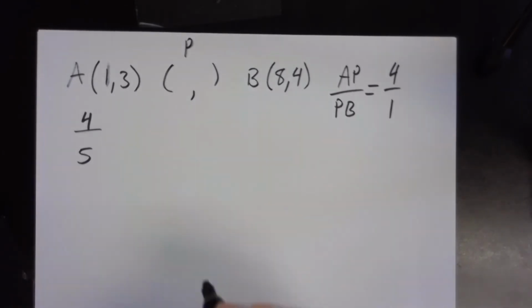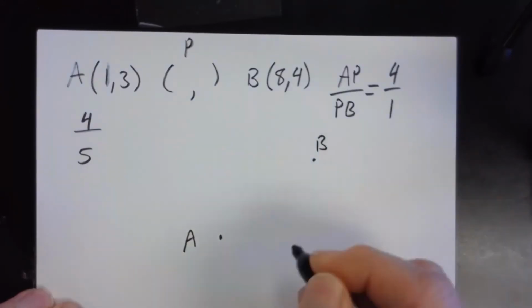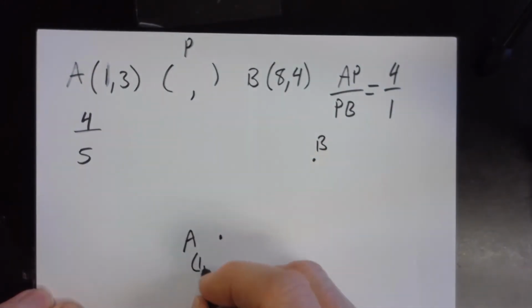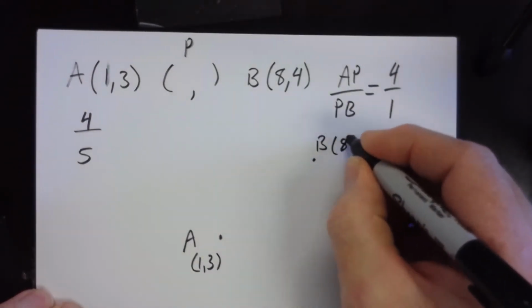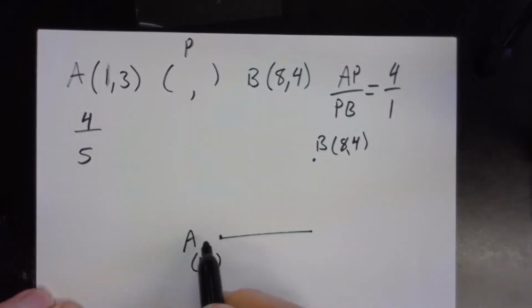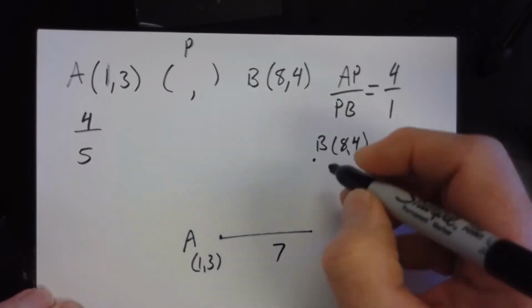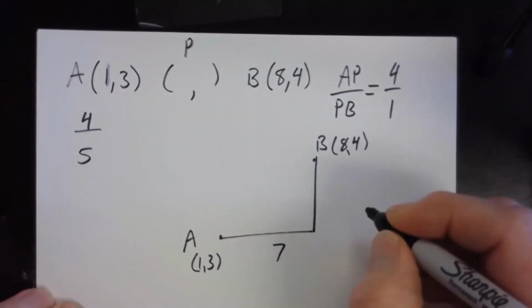Okay? So I've got this point here, I've got this point here, here's A, here's B. I know that this point is 1, 3, and this one is 8, 4. What is the horizontal distance from A to B? How far? 7. And what is the vertical distance?